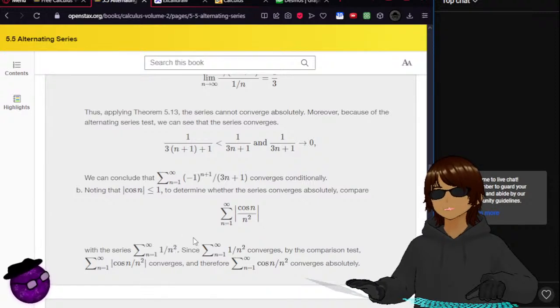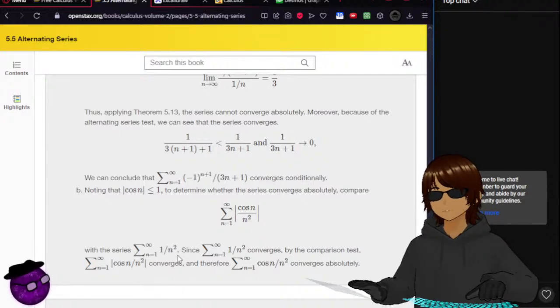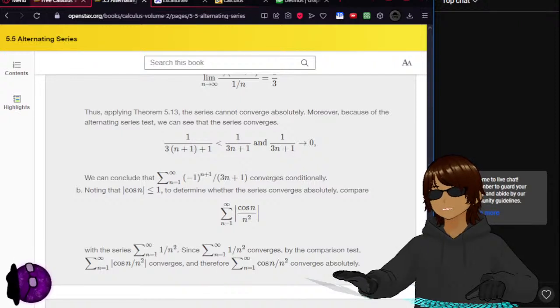So cos n will be less than or equal to 1. 1 over n squared converges by the comparison test. Yeah, what do you mean by the comparison test? This also converges. The modulus converges, then the main function converges.